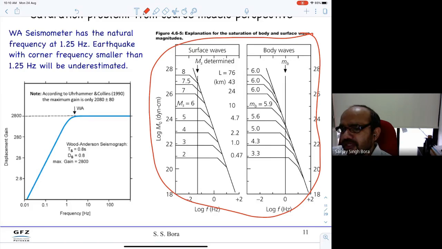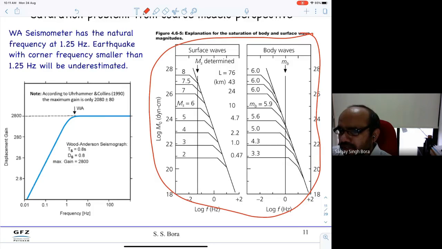Because this is a very important figure to understand why at larger magnitudes, ML, surface wave magnitude, and body wave magnitude underestimate the actual size of an earthquake. Those who have already studied ML, MS, and MB know that they are not used in core seismology anymore because they saturate at higher magnitudes.